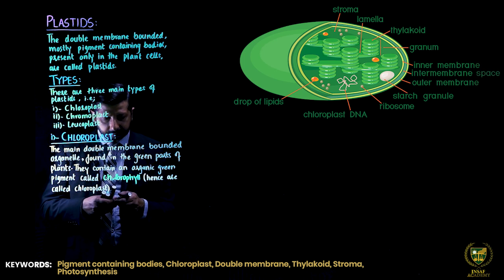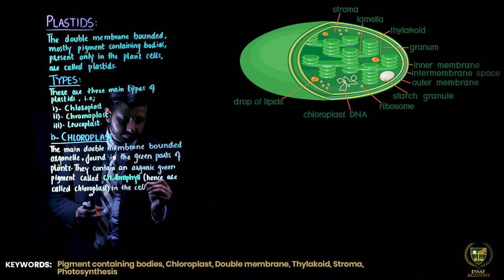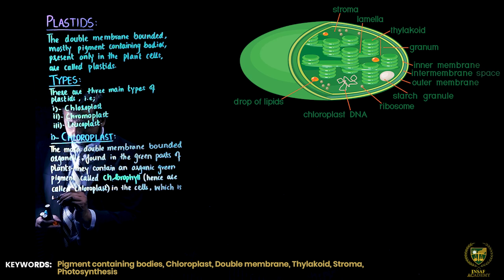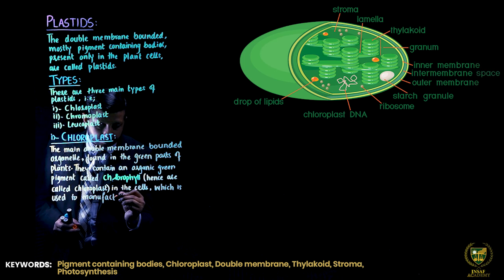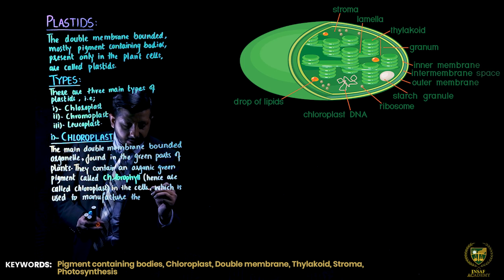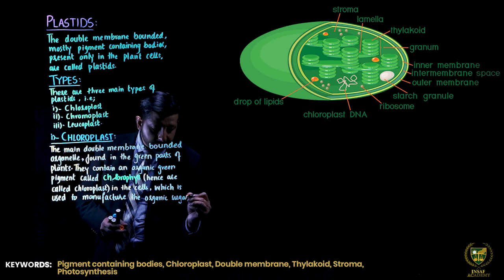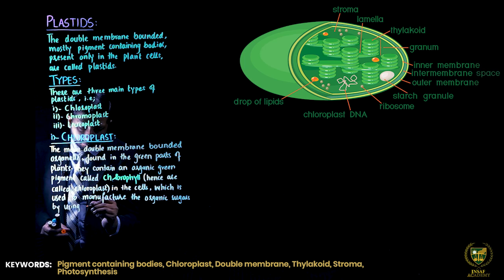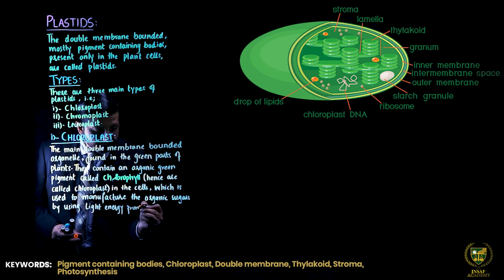And in the cells, which is used to manufacture the organic sugars by using light energy from sun.